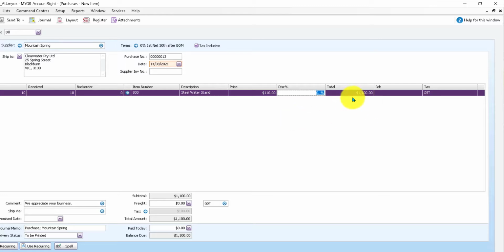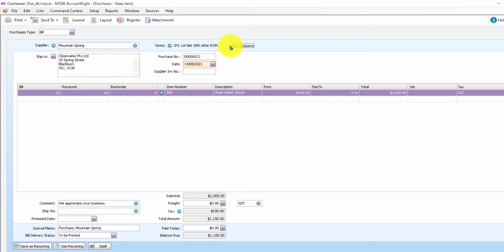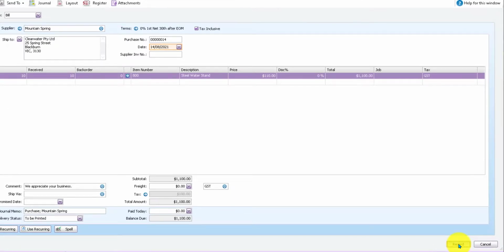So we've got $1,100 including GST, and if we untick that, it's $1,000 ex GST. Okay, so let's record that.